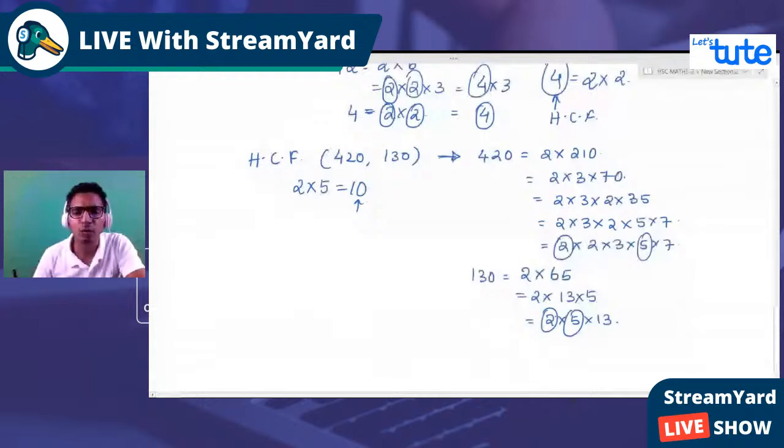But the question is how to use Euclid's lemma to find the HCF of 420 and 130. How to do that?